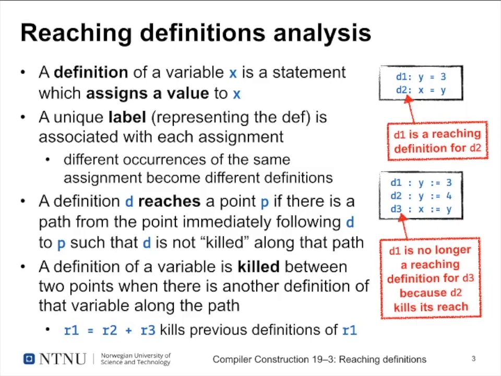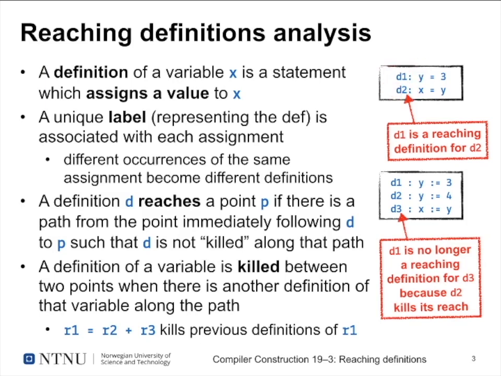So reaching definitions analysis, as the name says, is concerned with definitions of variables. As we've already seen, a definition of a variable x is a statement which assigns a value to a variable x, like that one over here. And we've already seen in our previous examples that each assignment is prefixed with a unique label, like D1 and D2 here.